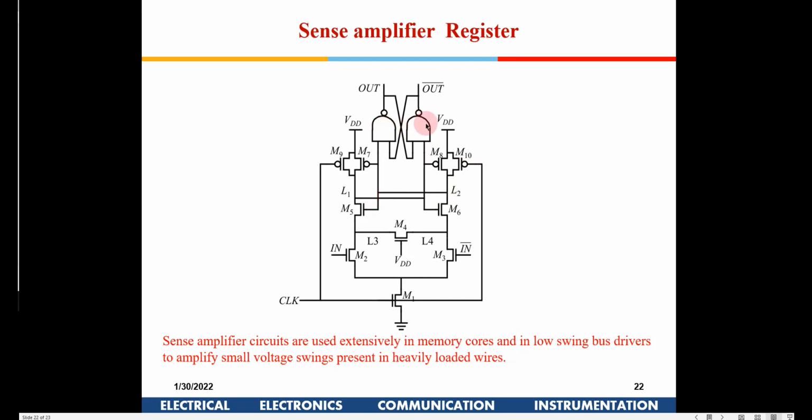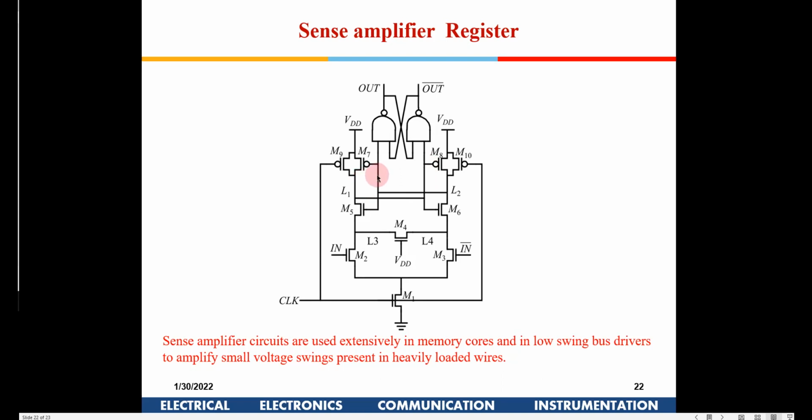Now if you see, this is two NAND gates which are cross coupled. We have learnt about the SR latch, right? In an SR latch, if you give 1-1 in this particular case, since it is a NAND gate, you can't give 0-0 here.